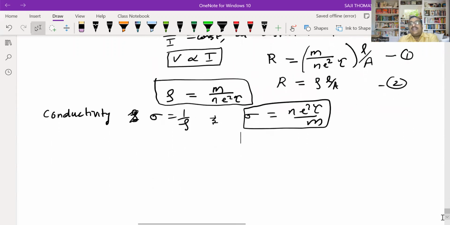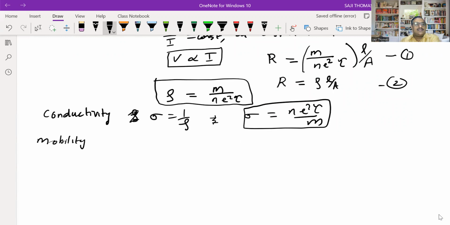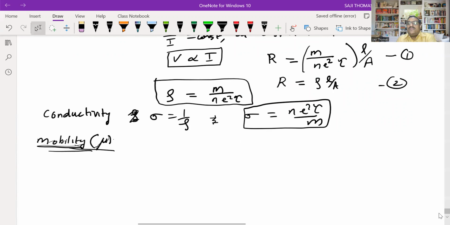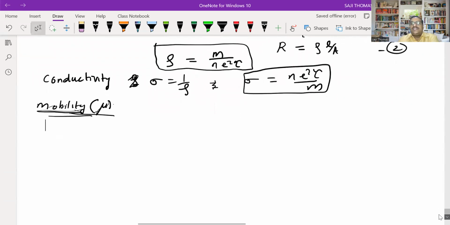Now we define another quantity, mobility. Mobility we denote by the letter mu. The magnitude of drift velocity per unit electric field is known as mobility.